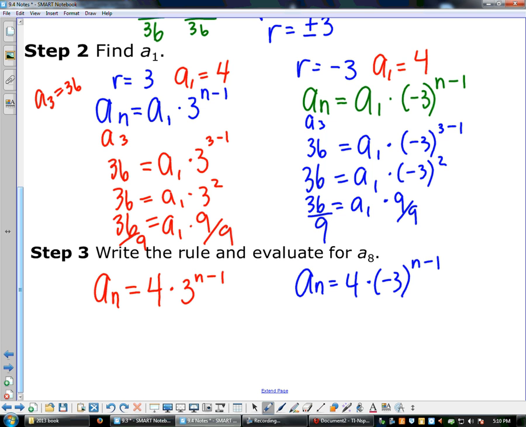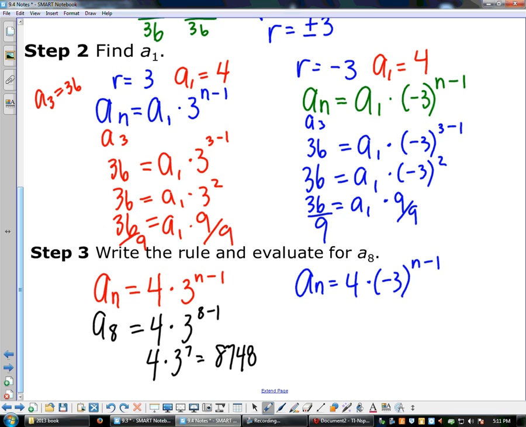So for each of these, let's find the 8th term. The 8th term here is equal to 4 times 3 raised to the power of 8 minus 1, or 4 times 3 raised to the 7th, and this value would be equal to 8,748. Okay, that's one option for the 8th term.